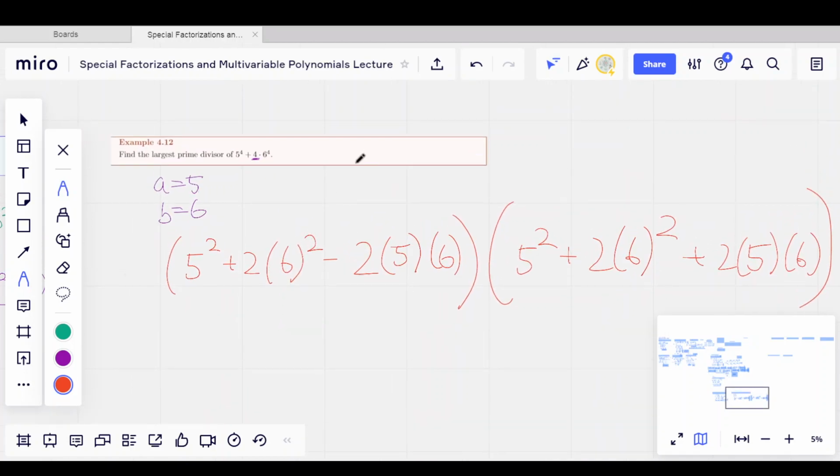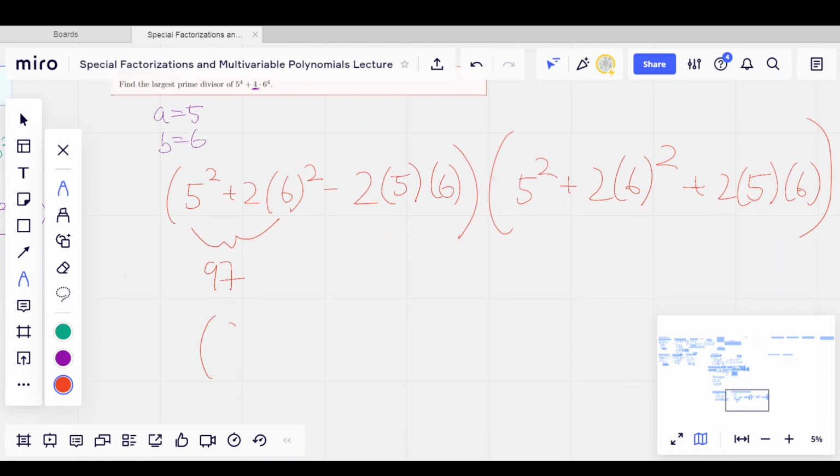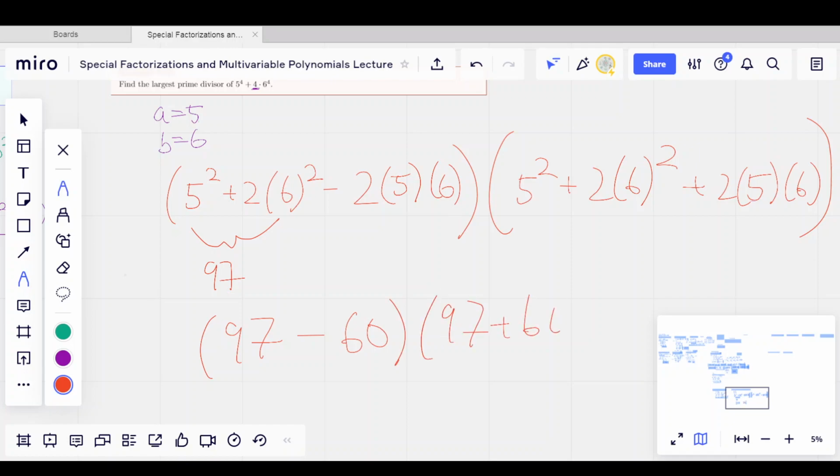And then note that 5 squared plus 2 times 6 squared is just 97, right? So we can simplify our work here. So 97 minus 60 times 97 plus 60, since we're subtracting and adding.